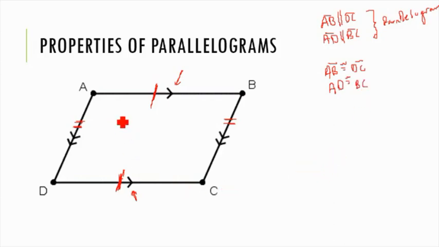Now it also says that consecutive angles are supplementary, which means angle D and angle C are supplementary. Angle D and angle A are supplementary. A and B are supplementary. B and C are supplementary.